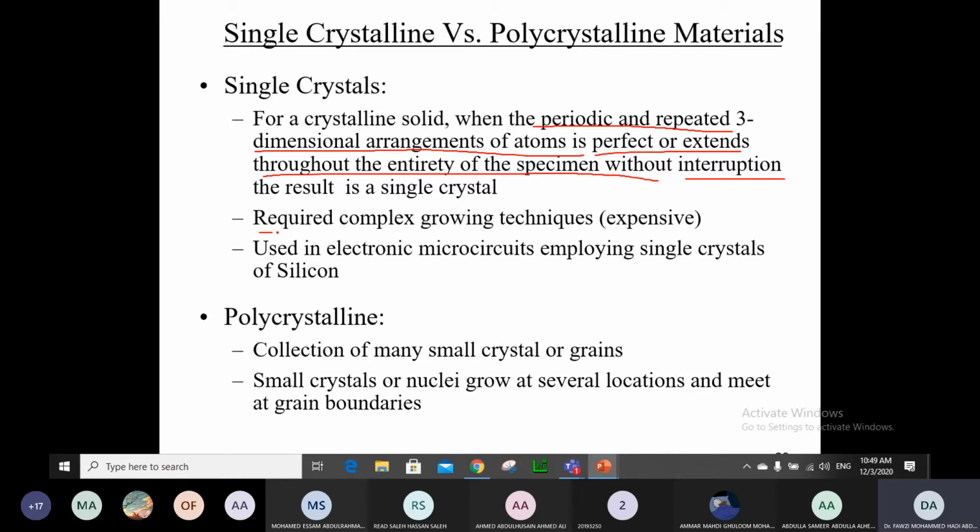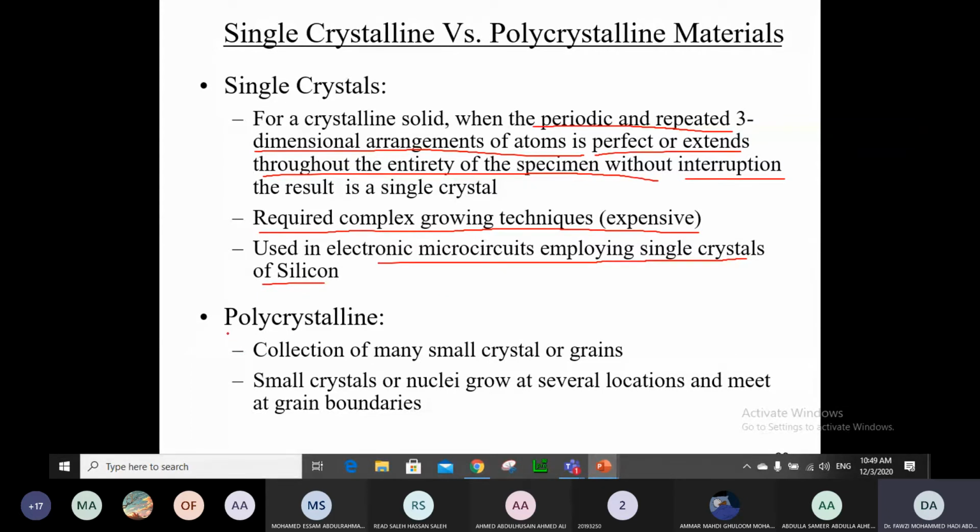We will see this requires actually complex growing techniques, and it is expensive to produce. It is used in electronic microcircuits, and employing single crystals, for example crystals of silicon, in turbines as well. We will see that in a minute.